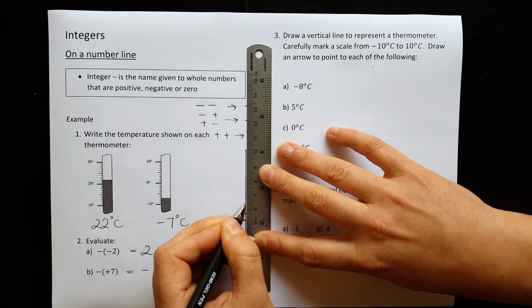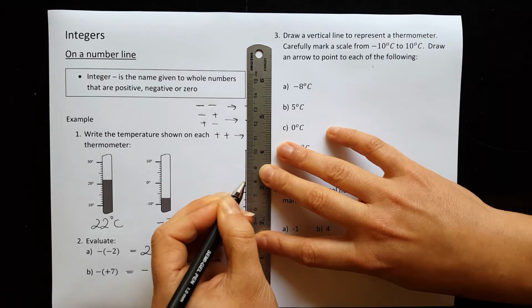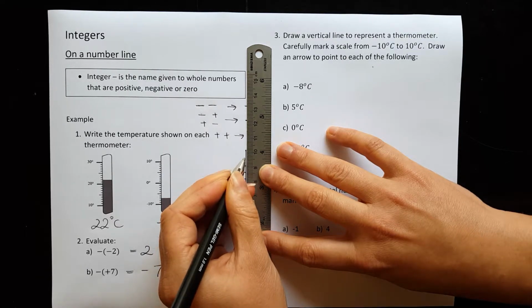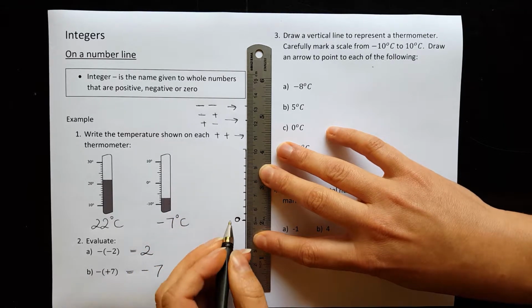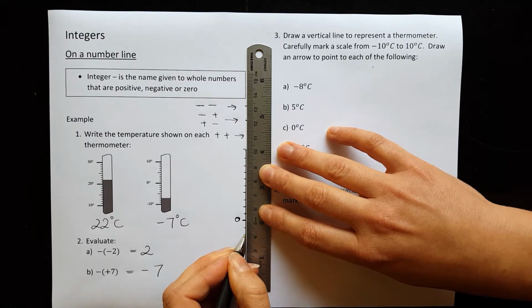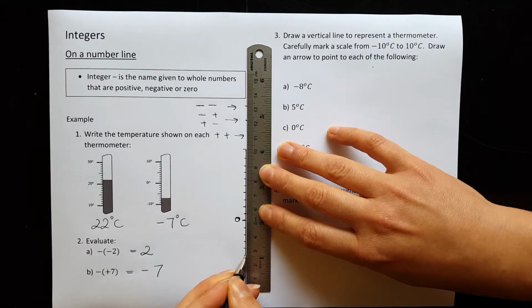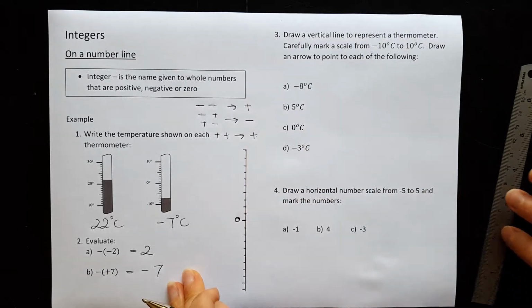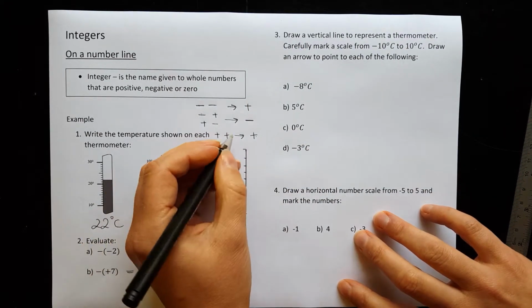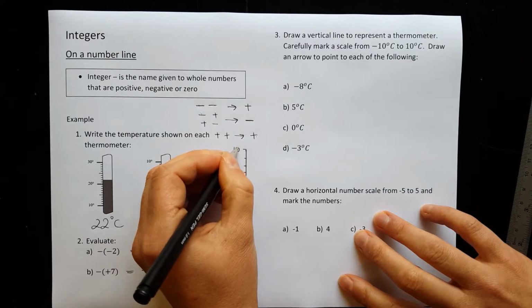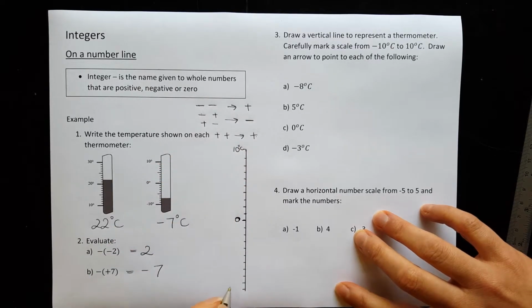So that'll be 1, 2, 3, 4, 5, 6, 7, 8, 9, 10, and going down, 1, 2, 3, 4, 5, 6, 7, 8, 9, 10. So this one's going to be a positive 10 degrees Celsius up here, and this will be a negative 10 degrees Celsius down here.